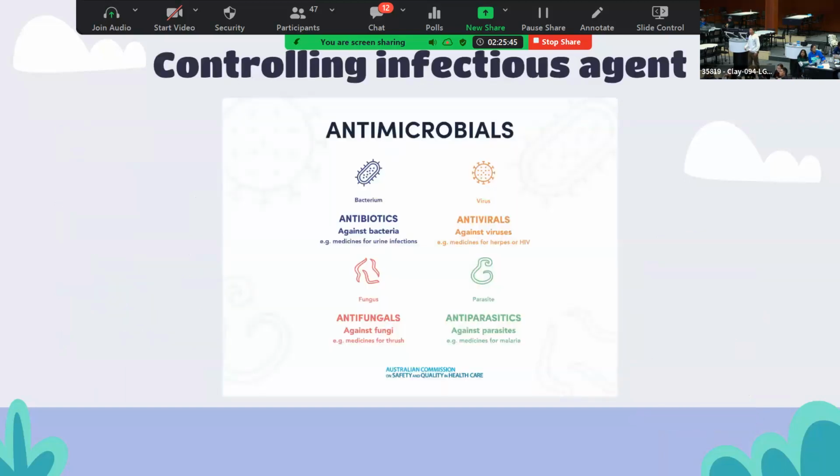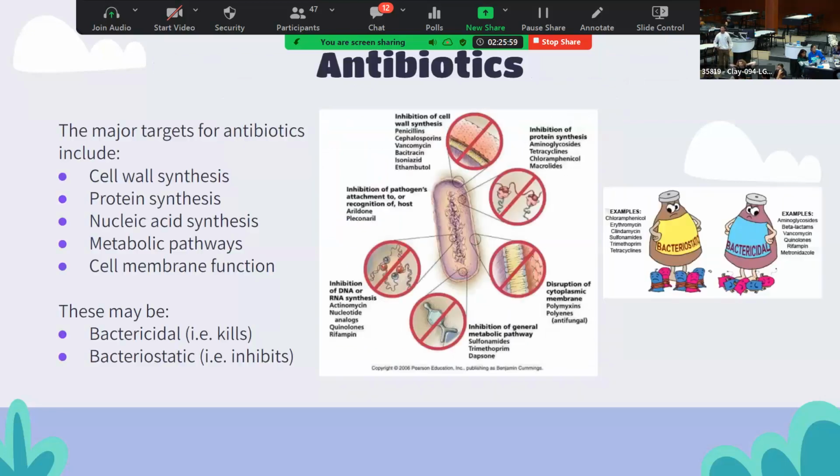All right, next is controlling the infectious agent itself. And antimicrobials do that. These are specific to certain types of microbes, so antibiotics are for bacteria, antivirals are for viruses, et cetera. But we'll focus today on antibiotics. So those are the major targets, the 5 targets: cell wall synthesis, protein synthesis, nucleic acid synthesis, metabolic pathways, and cell membrane function.